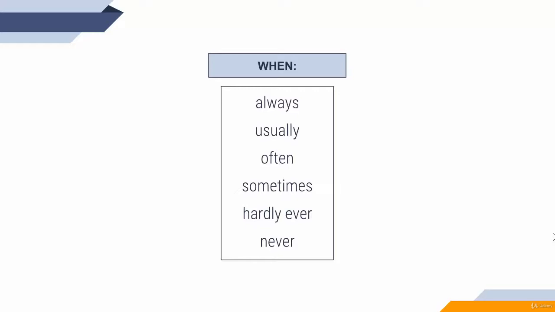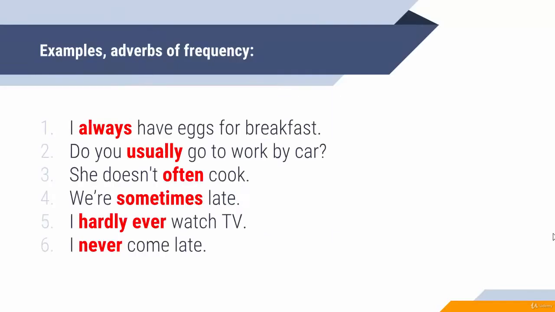Usually, hardly ever, they have the normal ly ending. But the other words, as always, as often, or as never, they have completely different spelling. So be careful and think what kind of speech you are using while you are talking or writing.